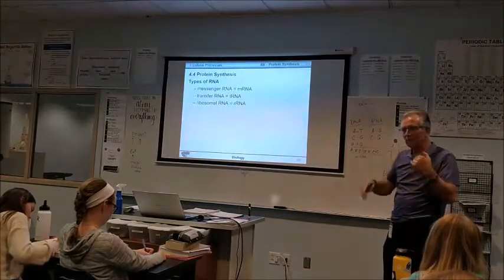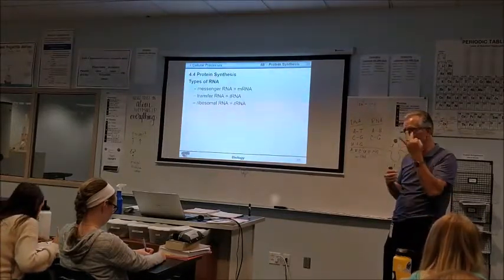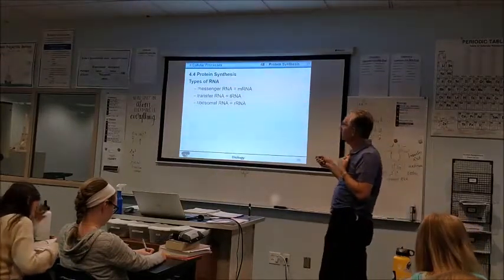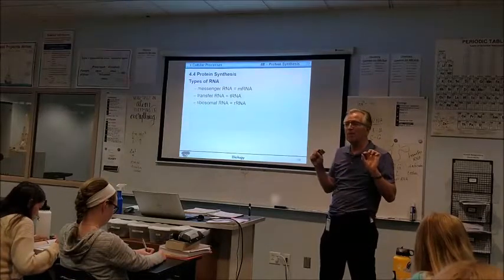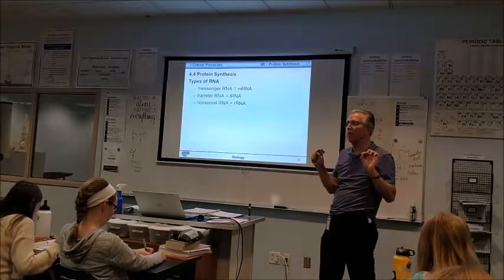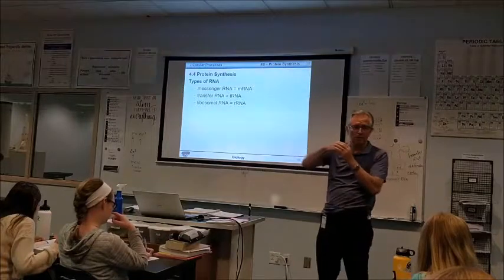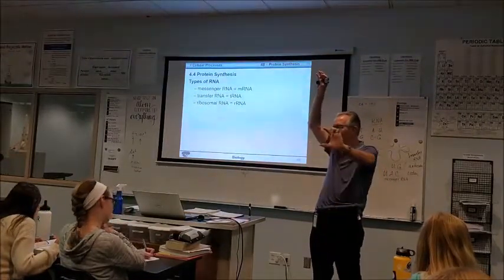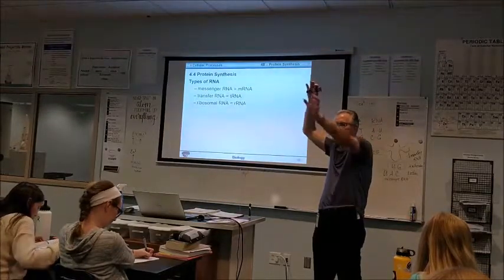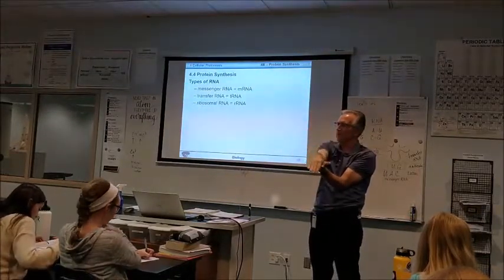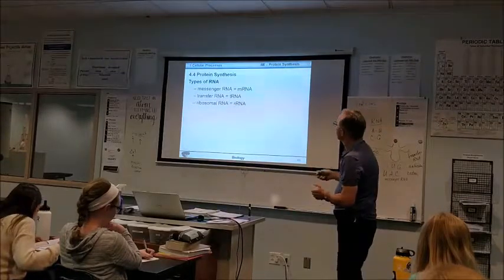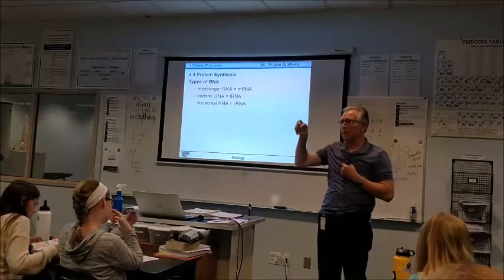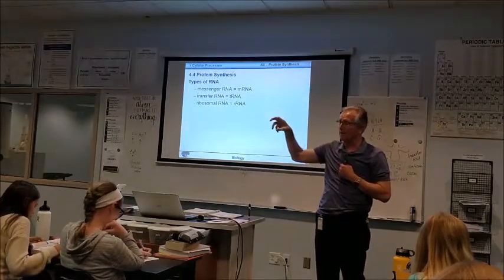So if you think about this whole process that we've been talking about, there's three kinds of RNA. There's the one that carries the message from the DNA that we formed by transcription. That's where the ladder unzipped itself and it made the other half. And then when this moves off, this thing will zip back together again. Then we have transfer RNA. Their job is to attach to the appropriate amino acid.